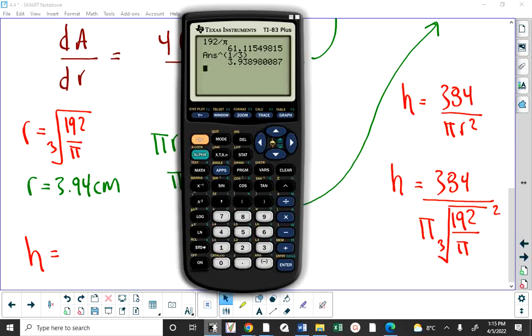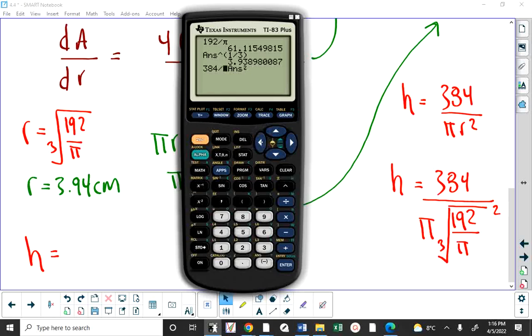Of course, I hope everybody understands why this will not give me the right answer. I need brackets around the pi r squared. Otherwise, it's going to divide by pi and then multiply by r squared.